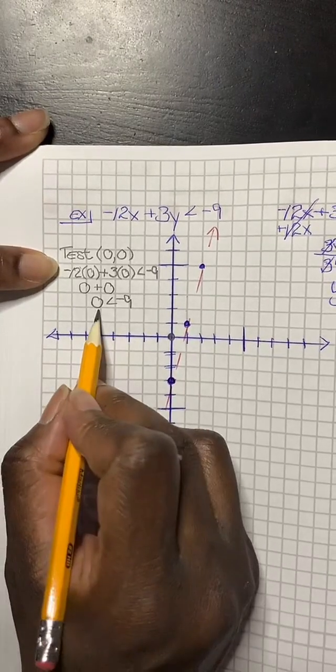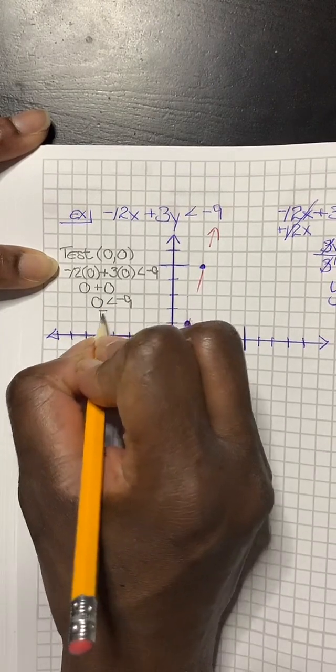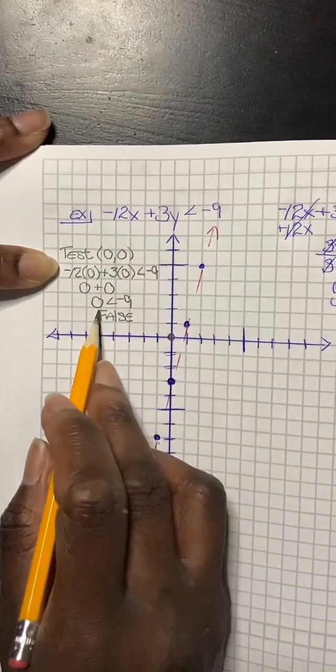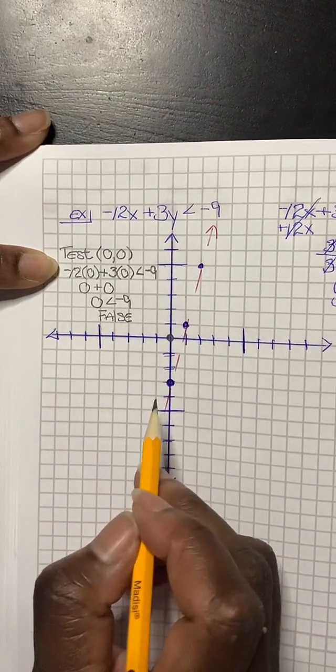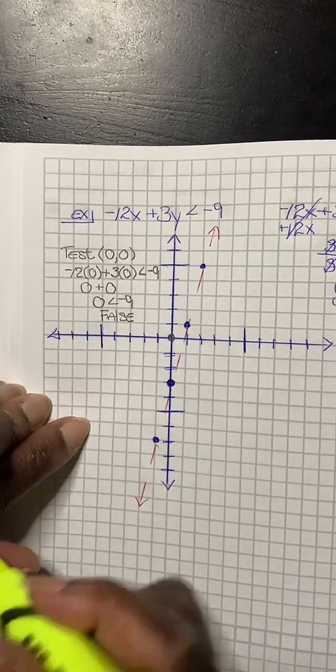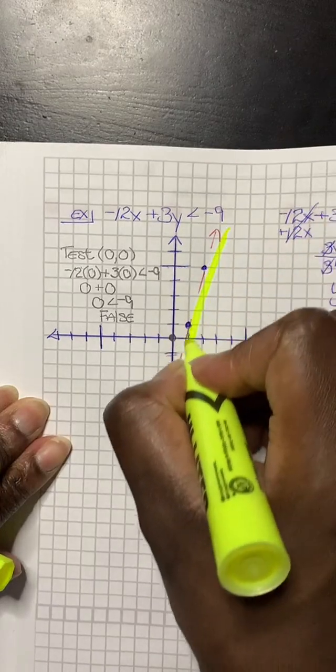All right, so 0 is not less than negative 9. This is false. 0 is greater than negative 9. So that means the side that needs to be shaded is below this line.